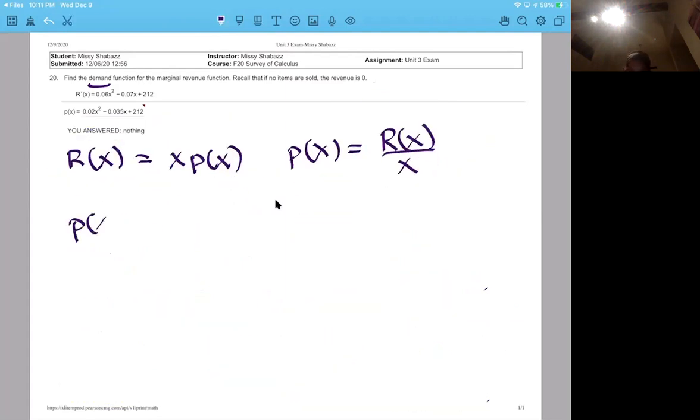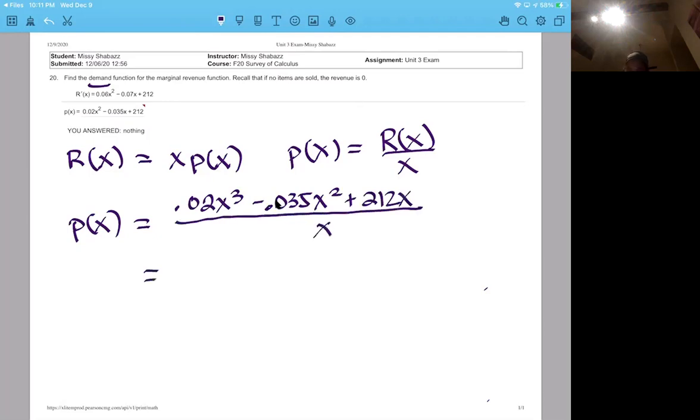Oh, I erased my revenue function. It was 0.02x cubed minus 0.035x squared plus 212x over x. Divide each of those by x, and I get 0.02x squared minus 0.035x plus 212. That's my demand function.